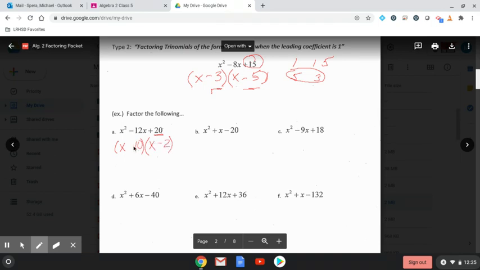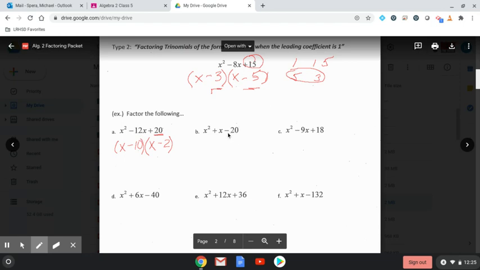And just like in the last problem, both of these are going to be negative. It works because if both are negative, 2 negatives when multiplied together give us a positive. When I add or combine these together, -10 and -2, I'll get -12. So therefore, we have factored correctly.